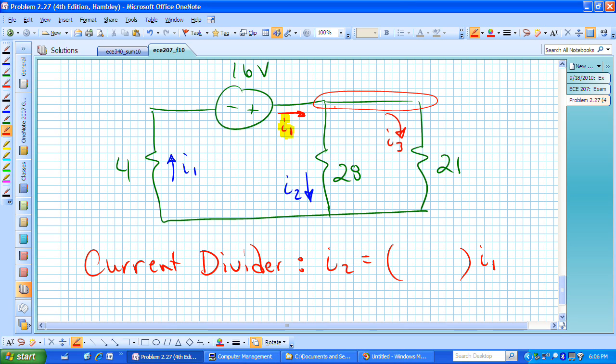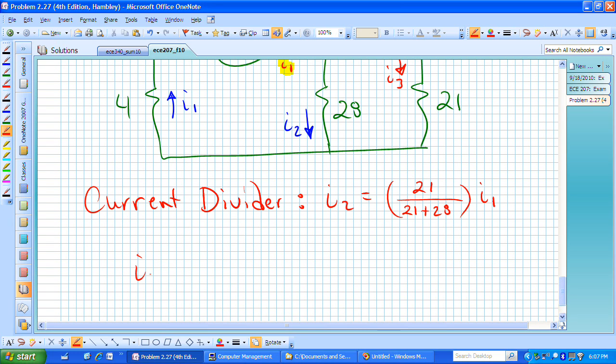And in particular, the current through the 21 ohm resistor should be bigger than the current through the 28 ohm resistor. The current divider formula says that I take the sum of those two resistances, and then if I want I sub 2, I put in the numerator the resistance of the opposite branch that does not include the I sub 2 current.